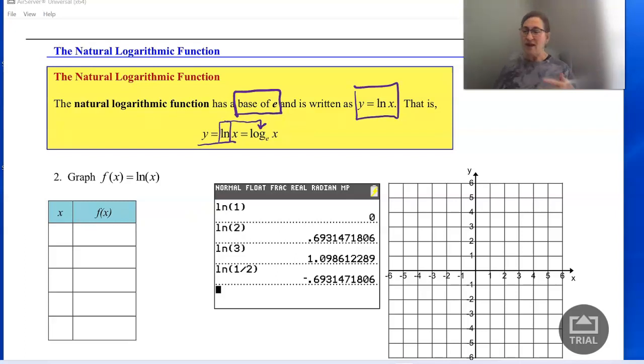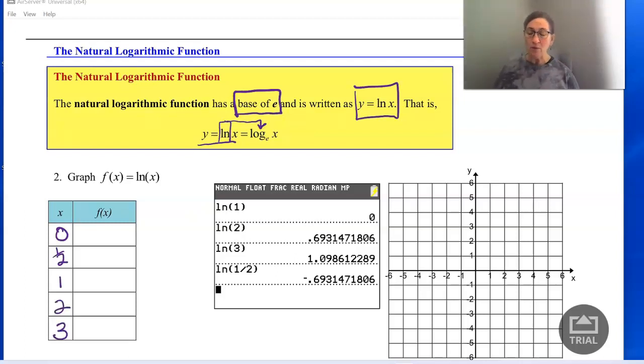It is. And so if we graph our natural log that has a base e, let's go ahead and put some numbers in for x. We're going to put in a 0, 1/2, a 1, a 2, a 3.